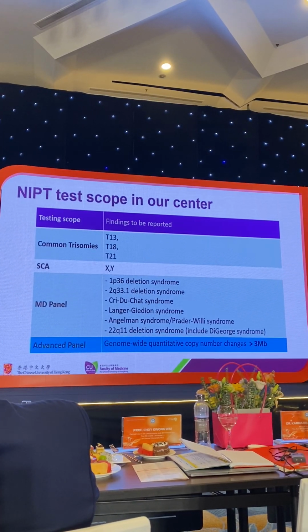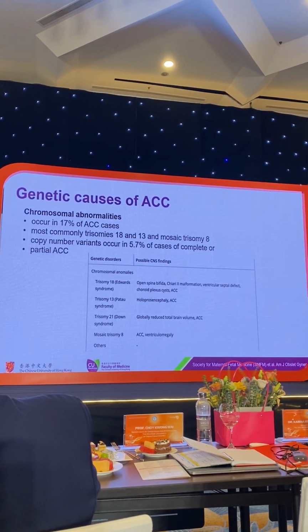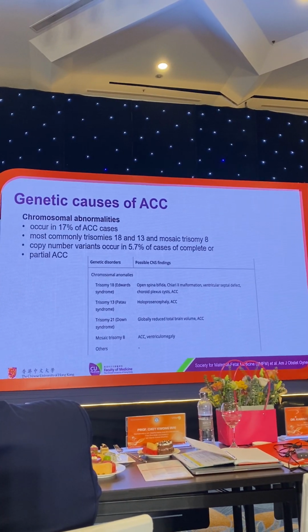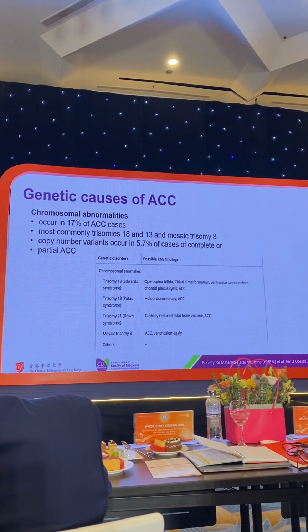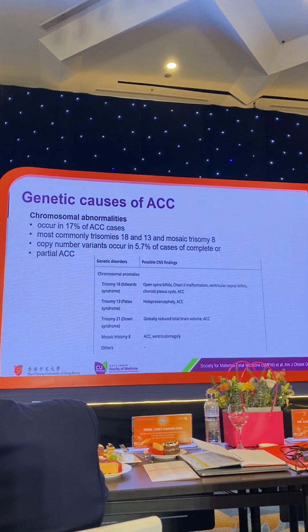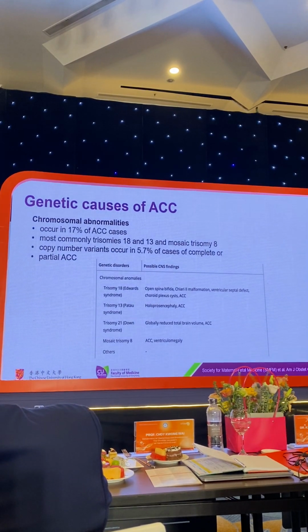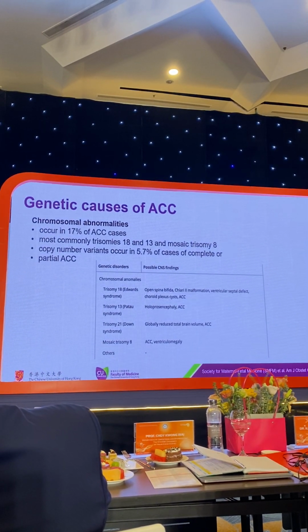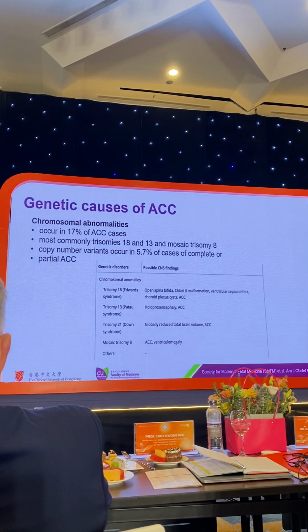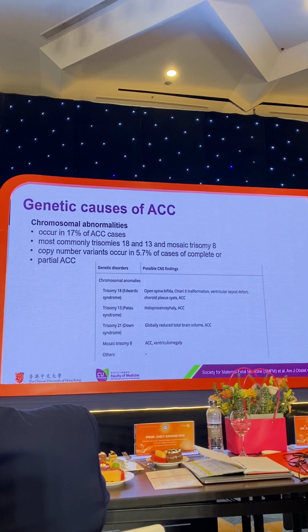So if we set this as a stage, we go back to agenesis of the corpus callosum that I introduced yesterday. We know that about 17% of the cases have common trisomy. So we worry about trisomy 18 and trisomy 13, yes, but I also mentioned there's mosaic trisomy 8. So if you do NIPT, you have to be aware of the scope of the test that you are interested in, and that is the relevance.